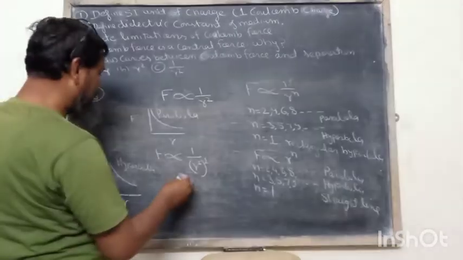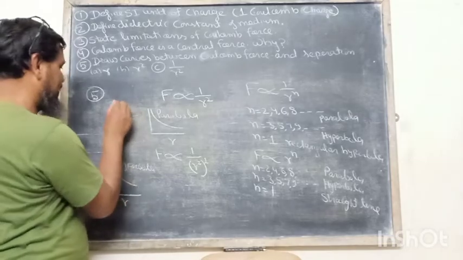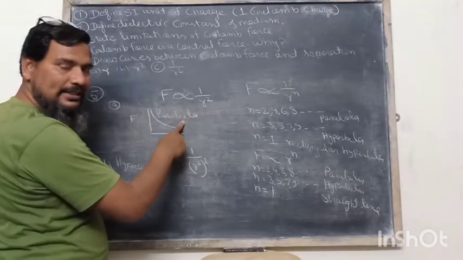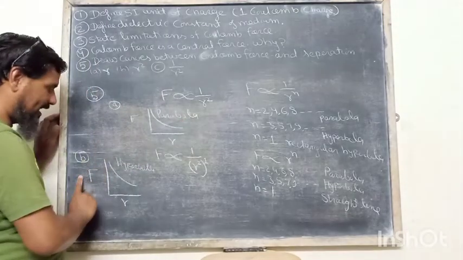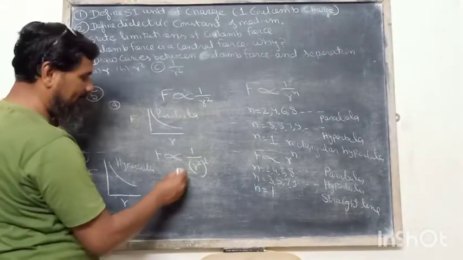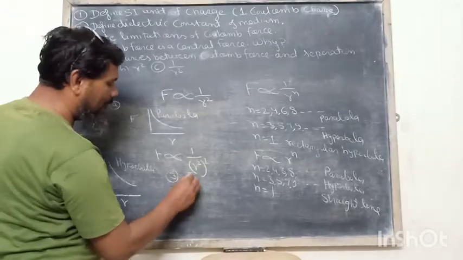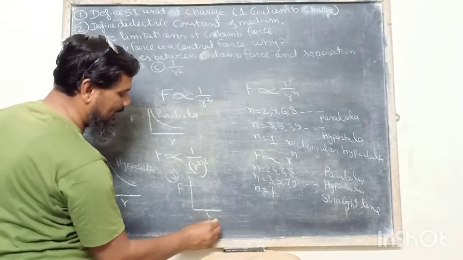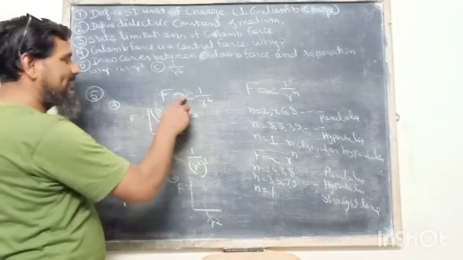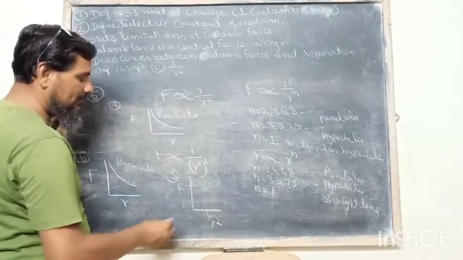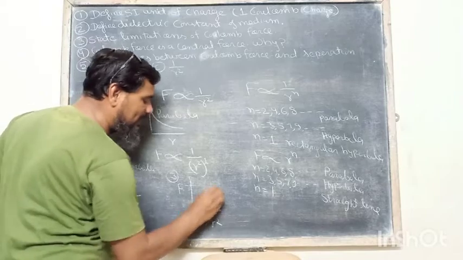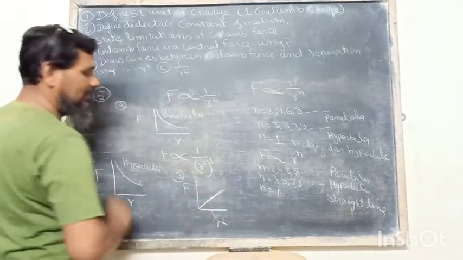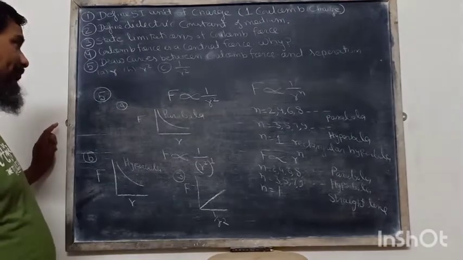This is for A, this is for B. For the first, the answer will be a parabola, and for the second, the answer will be a hyperbola. And for the third, if we want to draw the curve between F and 1 upon R square, because it is directly proportional to 1 upon R square, the shape of the curve will be a straight line.